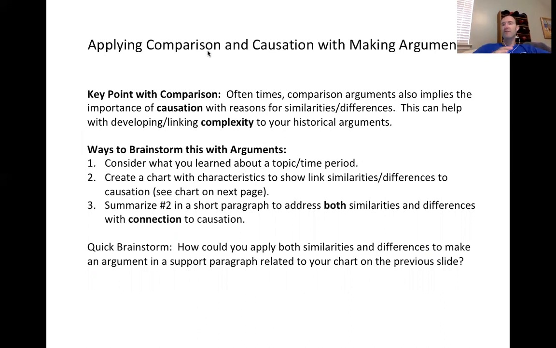It means that if you're going for that last major point, whether you're looking at something like a long essay with complexity or a DBQ with complexity, the point is that if you can show a clear connection between these two things, you are developing an argument that shows multiple variables within the same thing, comparison and contrast, and you're also connecting it to causation, which is going to make your reader extremely happy and fulfilled.